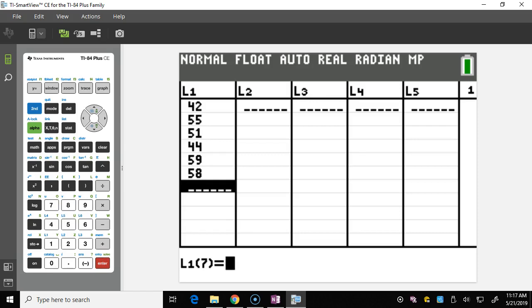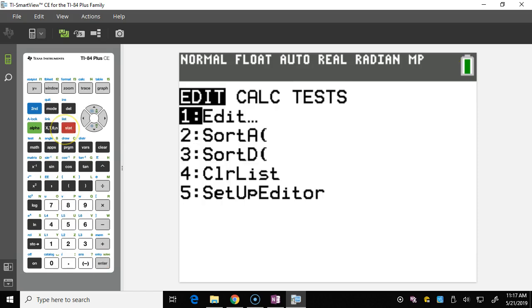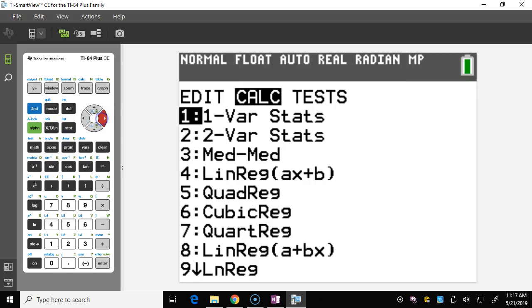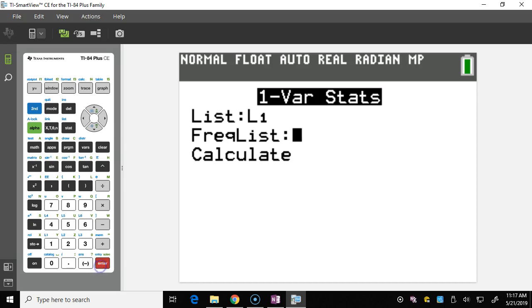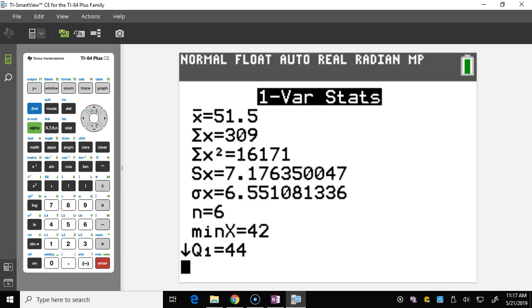Okay. So you hit stat again, you go over to calculate, and you want one variable statistics right at the top. And then you just hit enter a couple times, and right at the top, the x bar, 51.5. There's your information.